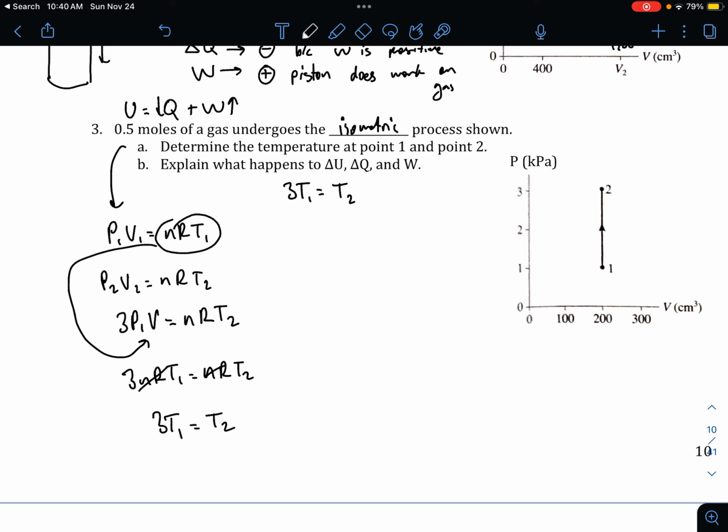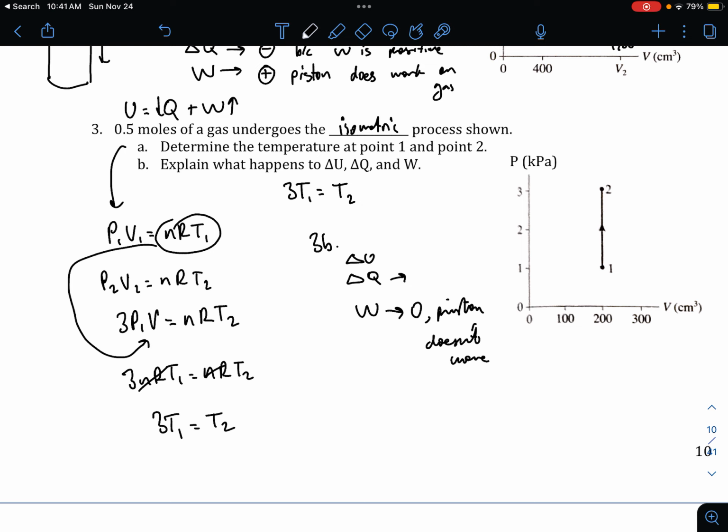So I guess we'll just do 3B. Explain what happens to change in U, change in Q, and W. This one is pretty straightforward. Work, first of all, is 0 because the piston won't move at all, so there's no work being done. It's a constant volume situation. Piston doesn't move.